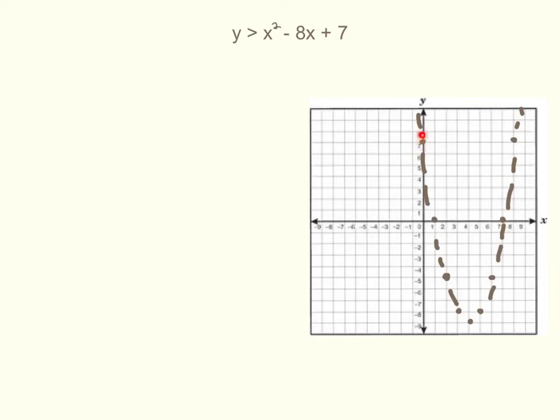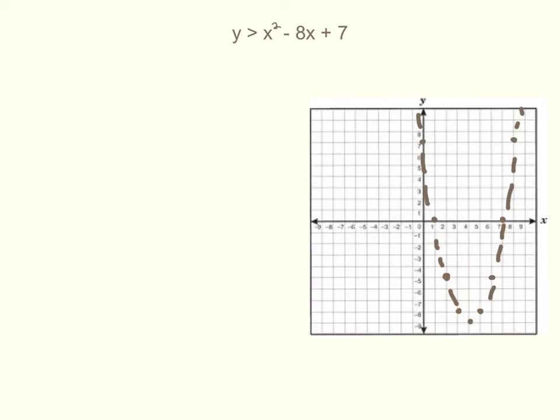Now that would mean I go up. Now if I go up, is that going to be on the inside of this dashed line, or is it going to be on the outside? It's very hard to tell given this, but it is going to be on the inside, which would mean that I shade all along the inside of this parabola.